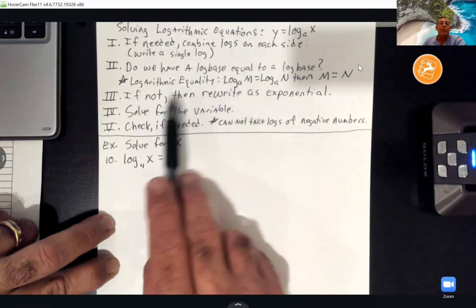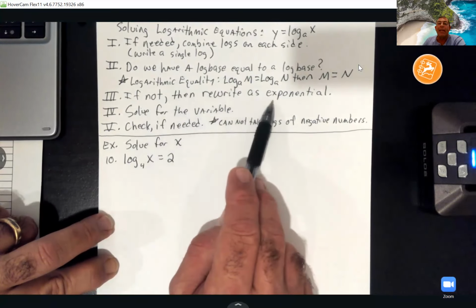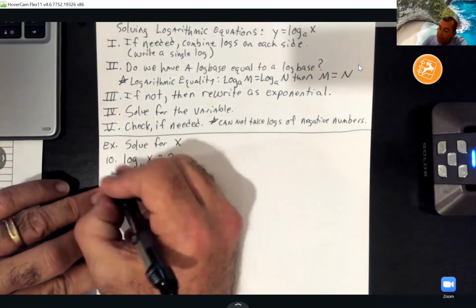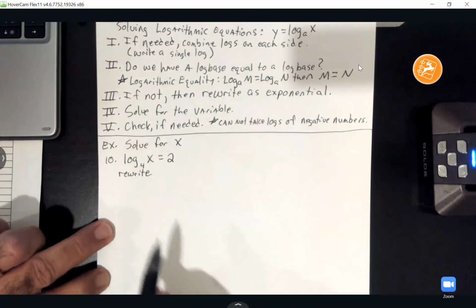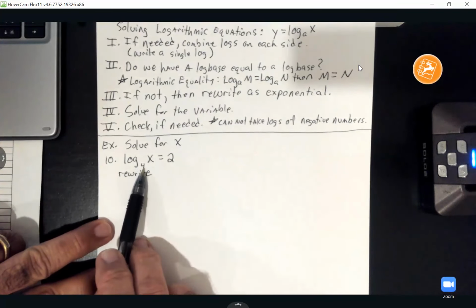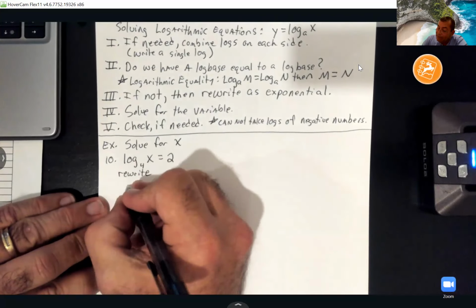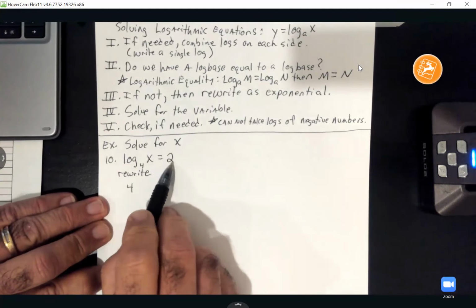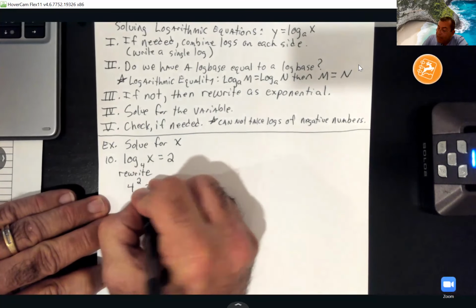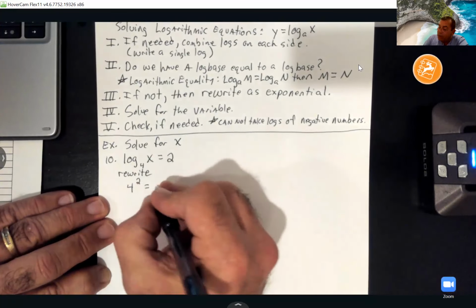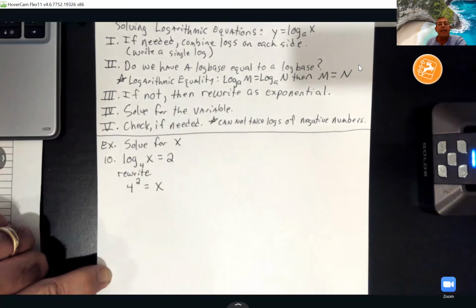So down here, it says rewrite as exponential. Remember, the 4 is your base, the 2 is your exponent, and that's going to equal your result, which is the X.